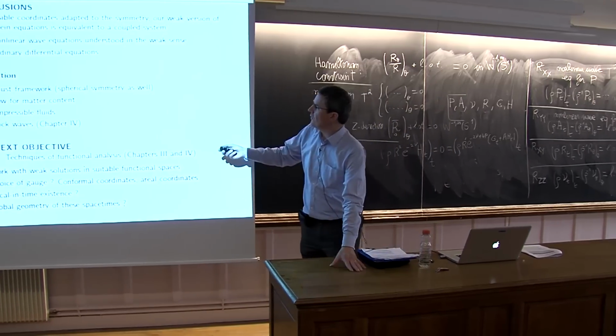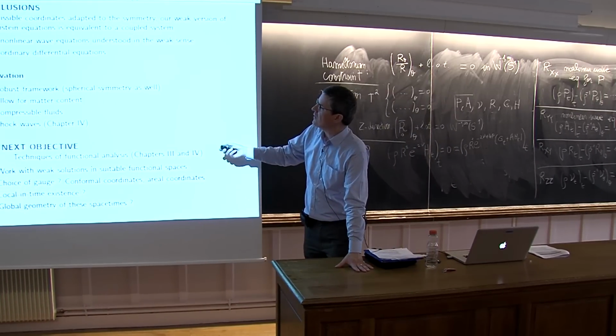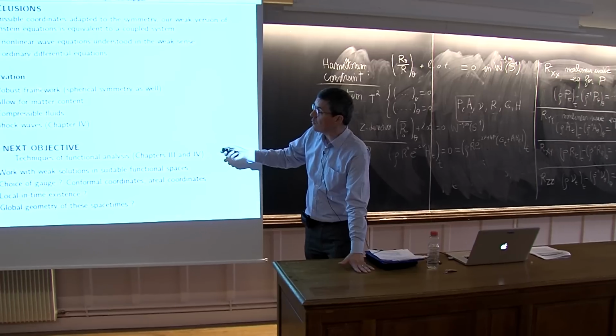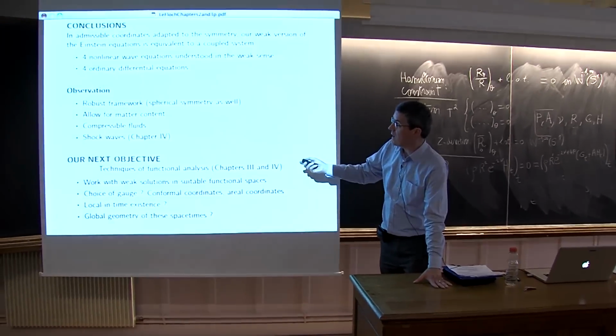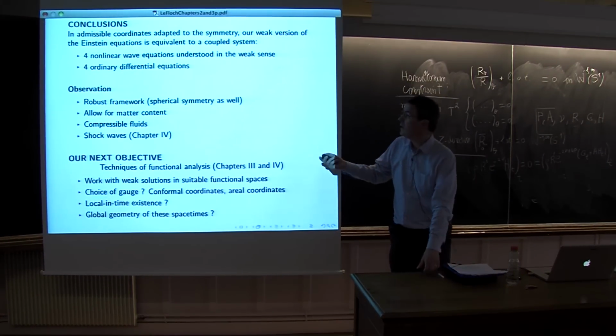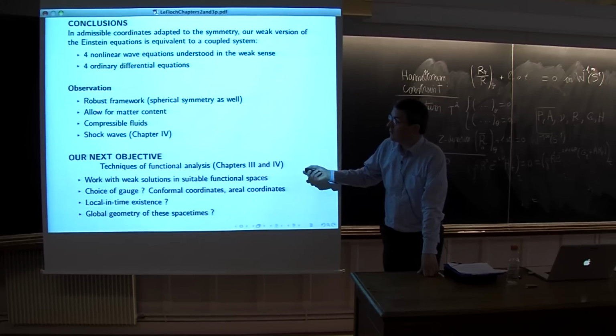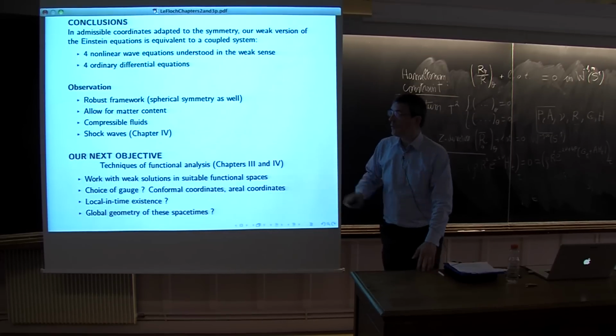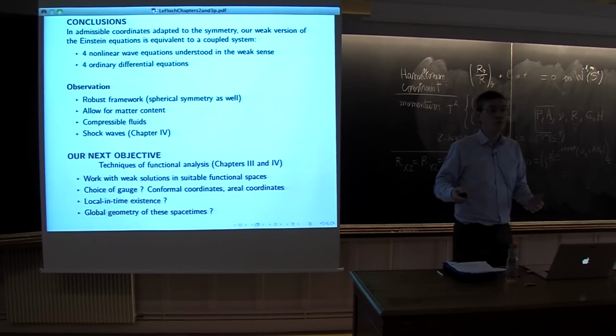And to finish with this chapter, let me emphasize that what I presented is a very robust framework that applies with other symmetry assumptions, like spherical symmetry. It also is robust in the sense that it allows for matter to be introduced.